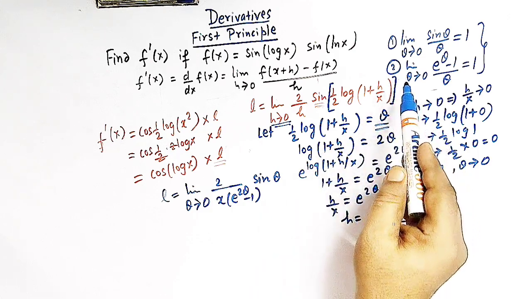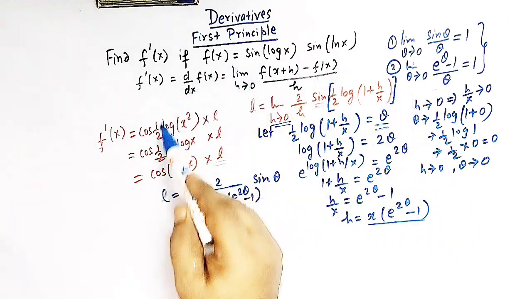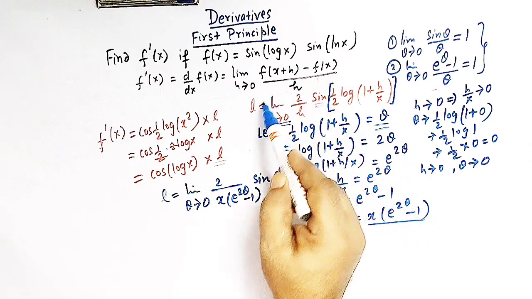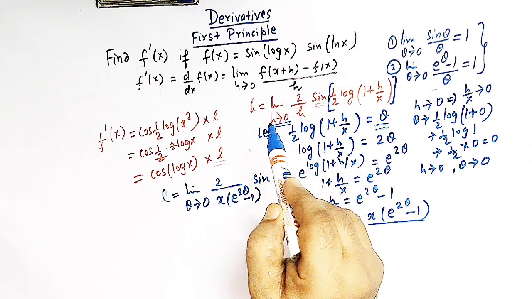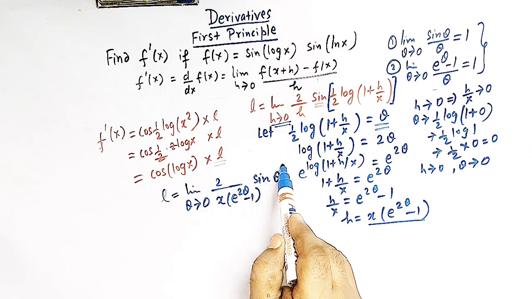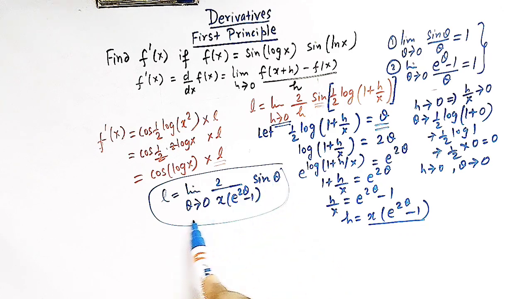So the overall result of this discussion is that this limit, which is in terms of h, is now reduced to this limit, right? And now we can easily evaluate this limit with the help of these two results.